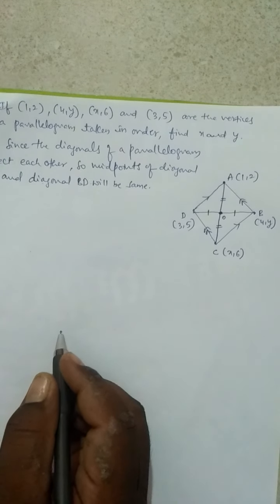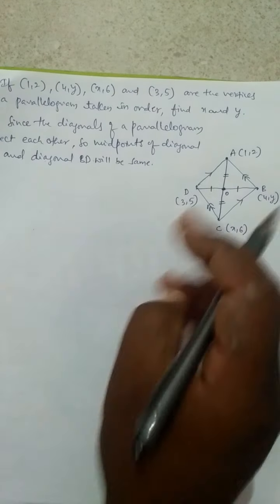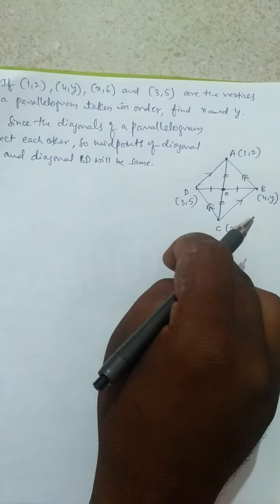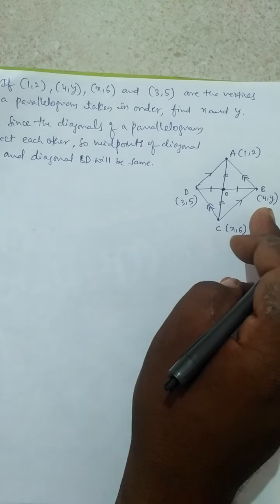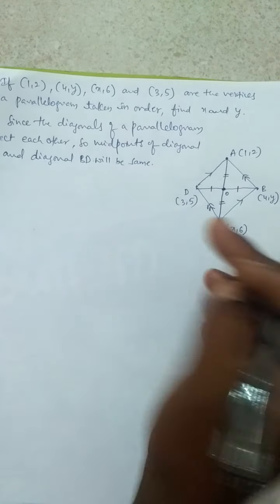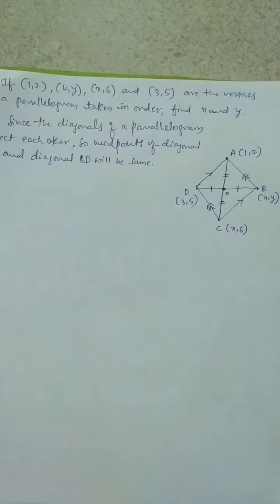So first what we have to find out? Midpoint of AC. Next, midpoint of BD. Then you have to compare both. You will get the values of x and y.